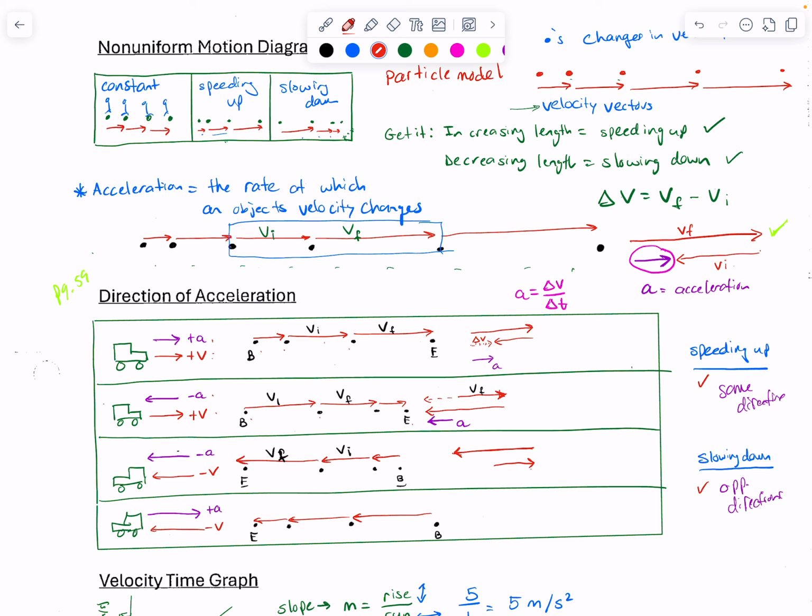And by doing that, what's left is my acceleration, which is this piece right here. So my acceleration is going to be this little chunk going in that direction. Now, once again, we can see that both arrows are pointing the same direction. Because they're going the same direction, that means this car is speeding up going towards the left.